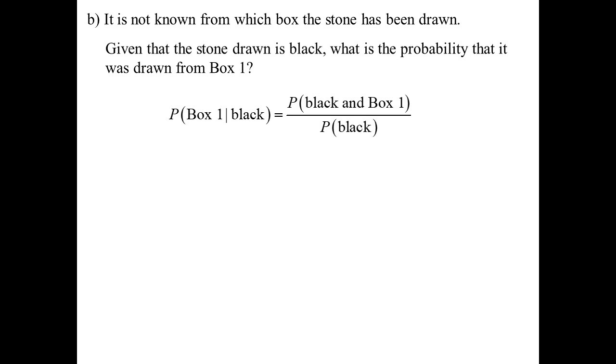So it's the probability of the intersection, black and in box 1, over the probability of being black. If I do it via the probabilities rather than the numbers, black and box 1 was just a half. Remember, we said if we're branching off on that one, it was 1 in 2 times a certain event of 1. And the probability of being black, we just worked out, was 3 in 4. So there must be a 2/3 chance of that happening.